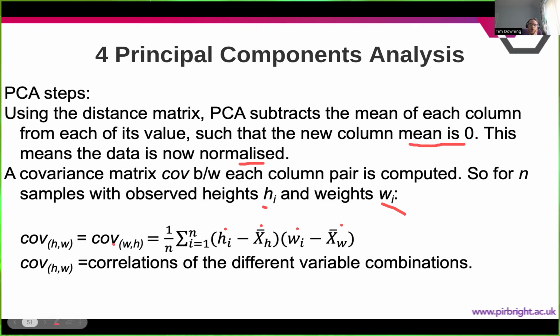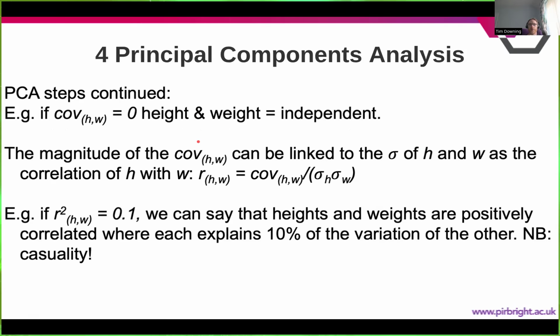And this will allow us to look at the covariance between W and H. And then we'll be able to use the relative ratio of that covariance between W and H versus the variance of W and variance of H to extract the correlation coefficient.